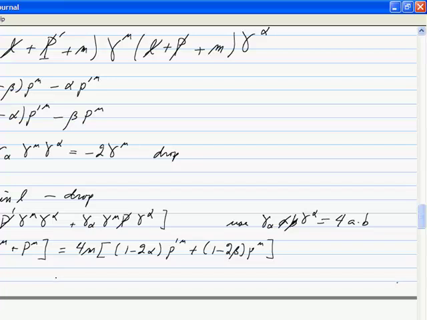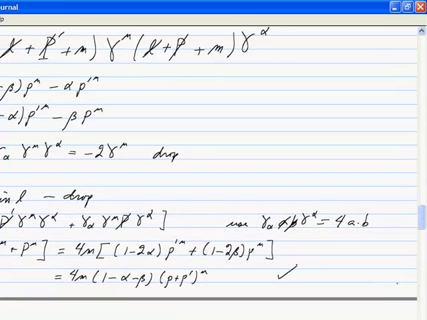So we can write this in symmetric form as 1 minus alpha minus beta, p plus p prime mu, and that's one of the terms we want to keep. So that's one of the final answers.